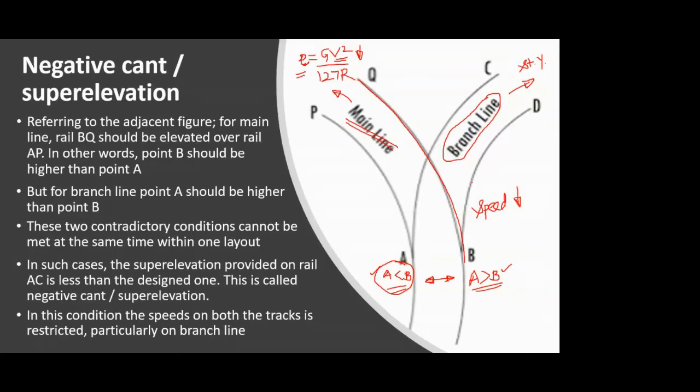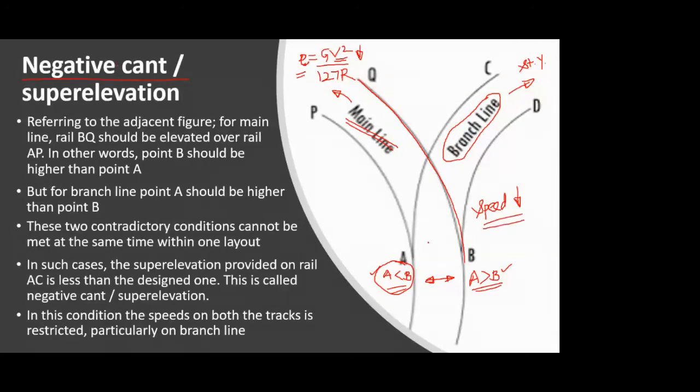One of the reasons for that is this negative superelevation, because when you approach a major junction, a lot of branches come out from your single track. Many of the branches take a turn also. That's why negative superelevation comes into the picture, and that's why the speeds are reduced.